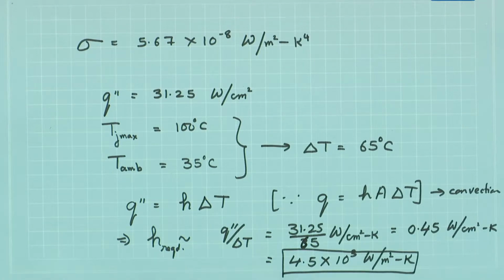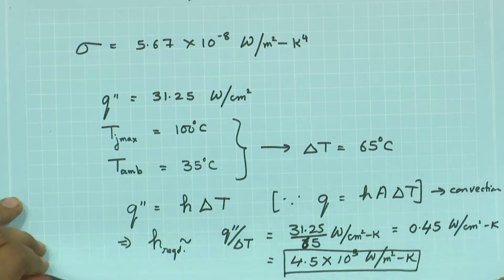This, trust me, is an extremely high number. It is not easy. 4500 watts per meter squared Kelvin is not easy to get. Air cooling probably very difficult. This is just to give you a feel, and this gives me a challenge. This is the kind of H I need to get.